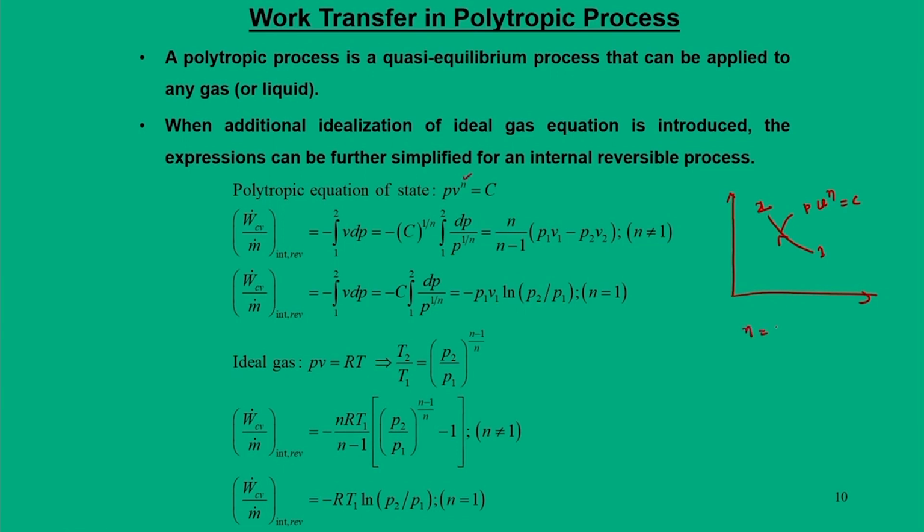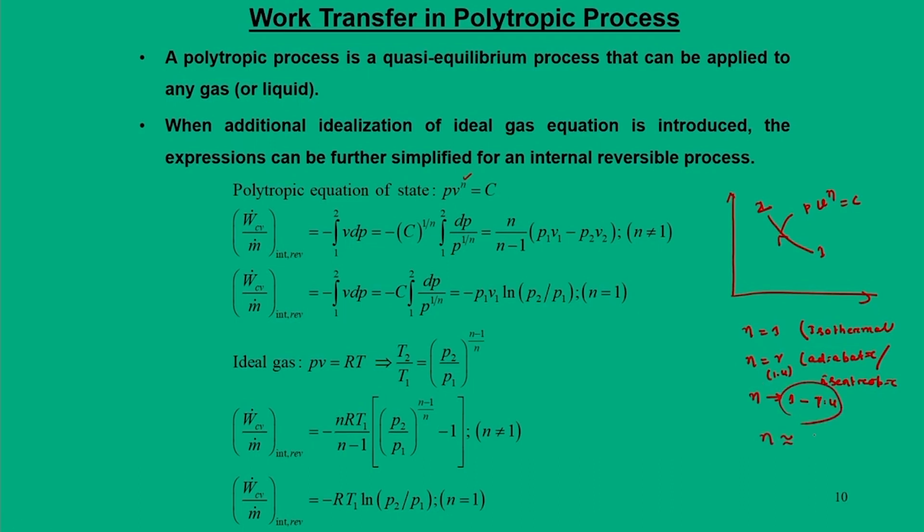There are possibilities that n can be 1, which is isothermal, or n equal to gamma, which is adiabatic, or if it is reversible we say isentropic. For any value of n between 1 and gamma, which is 1.4 for air, it becomes a polytropic process.